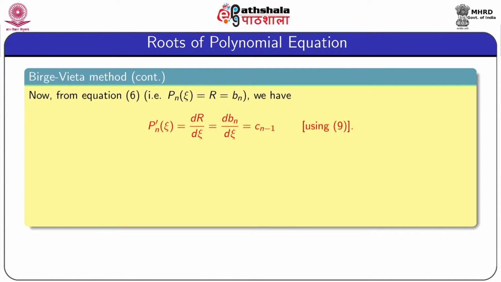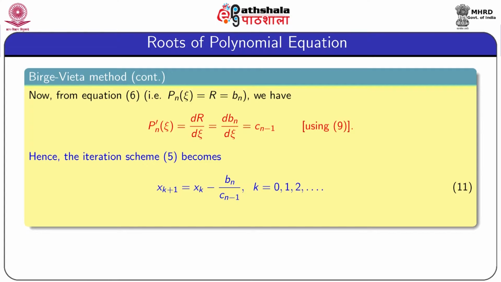Now, to find Pn dash at xi, we differentiate equation 6, and it is equal to dr/dxi, which is equal to dbn/dxi, and this is nothing but c_{n-1}, obtained from the last equation, equation number 9. Thus, the Newton-Raphson iteration scheme, equation number 5, becomes x_{k+1} equal to x_k minus bn, the value of Pn at x_k, divided by c_{n-1}, the value of Pn dash at xi. This iteration scheme is valid for k equal to 0, 1, 2 and so on.